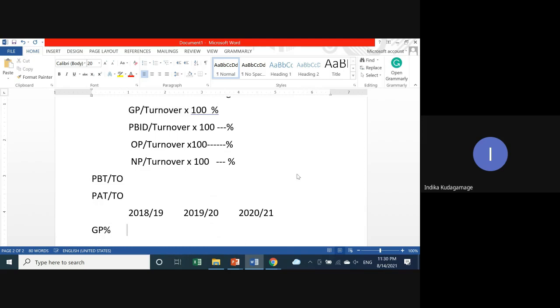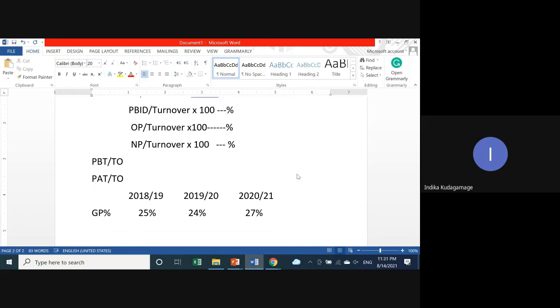In this kind of scenario, if the gross profit margin is 25%, this may be 24%, 27%. Margins are almost similar. It changes in a very narrow band. It won't be 25% here, 35% here, 18% here.